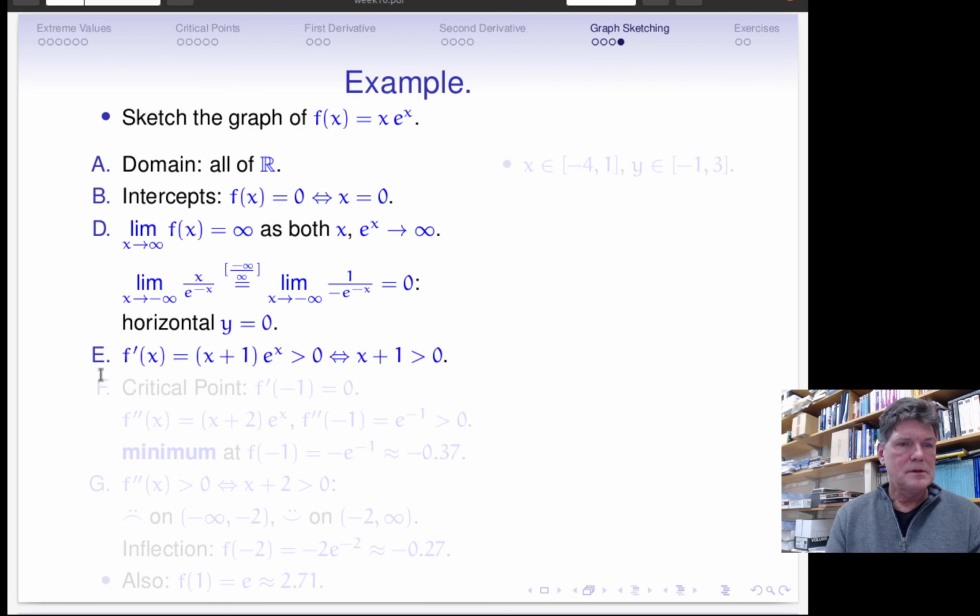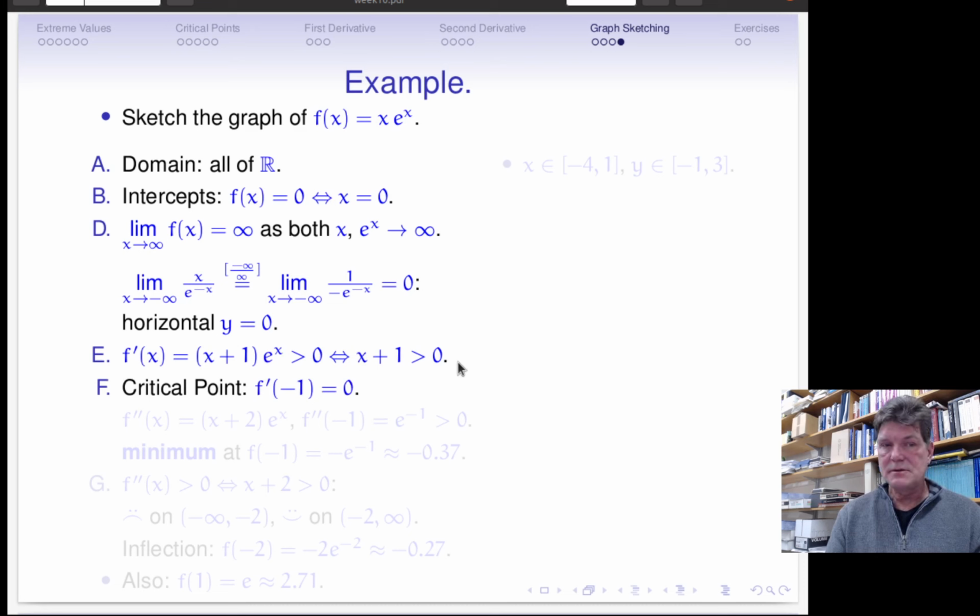Then, point E, the derivative, well, we calculated this earlier, this and all the derivatives of the function we computed at some point. It's x plus 1 times e to the x. E to the x is always bigger than 0, so this is bigger than 0 if and only if x plus 1 is bigger than 0.